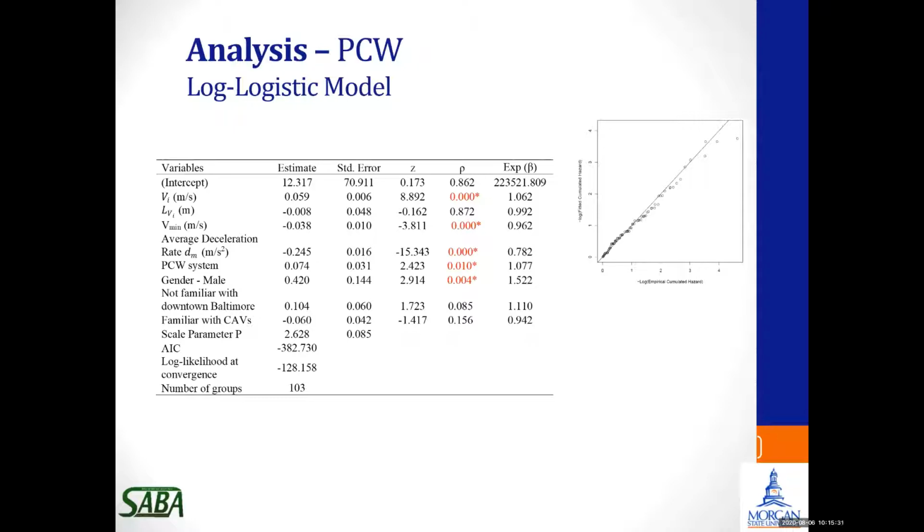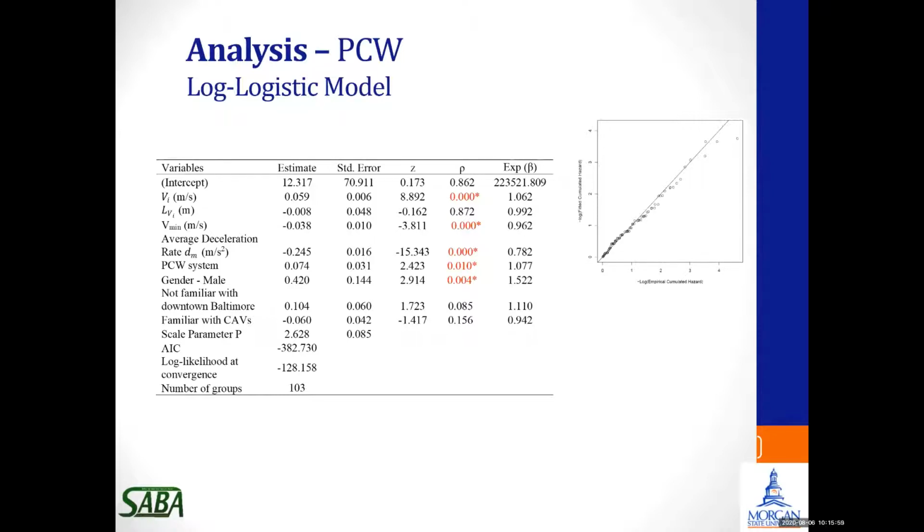And in the presence of the PCW system, the participant speed reduction time increased by 7.7% because the odds ratio is 1.077. So it shows that the PCW system is more effective in improving speed reduction time.